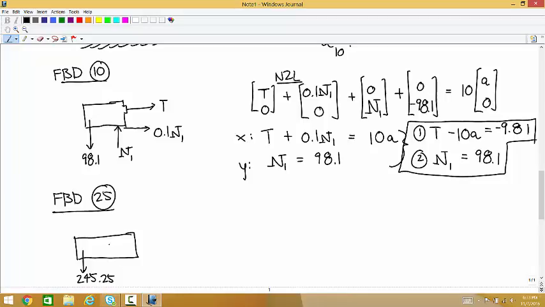Then there's a pushing contact from the floor to the 25, so I'll call that N2. Yes? So is equation 1 equal to negative 9.81 or negative 98? It's 0.1 times 9.81 and then moved over to the other side. I did a whole bunch of algebra without showing it.